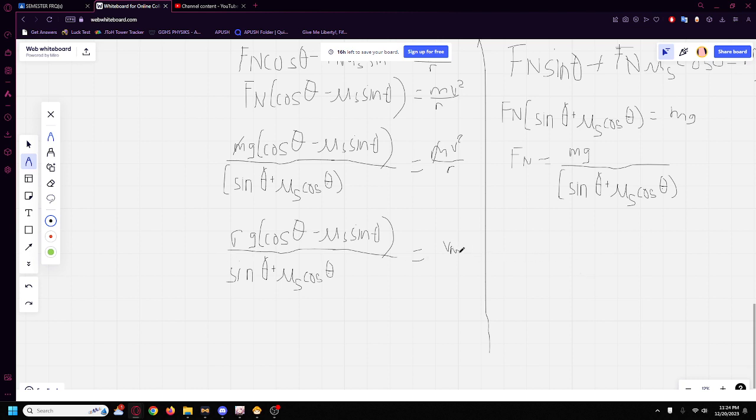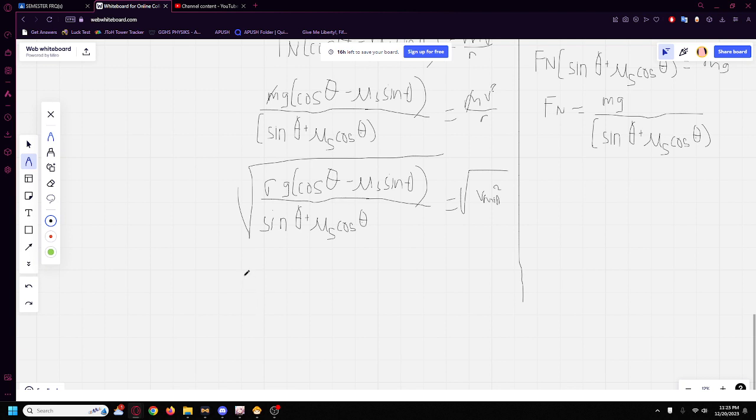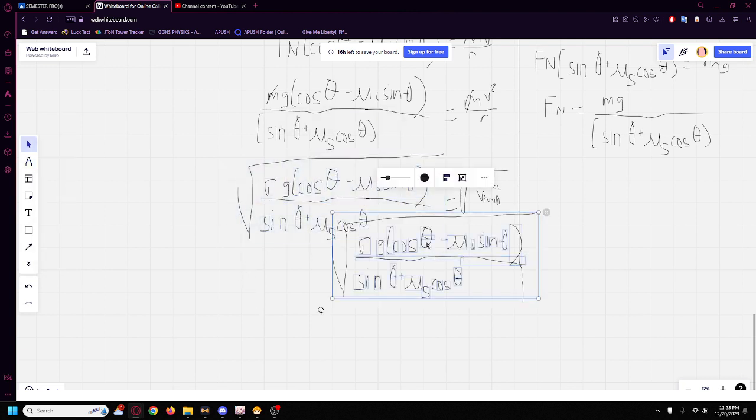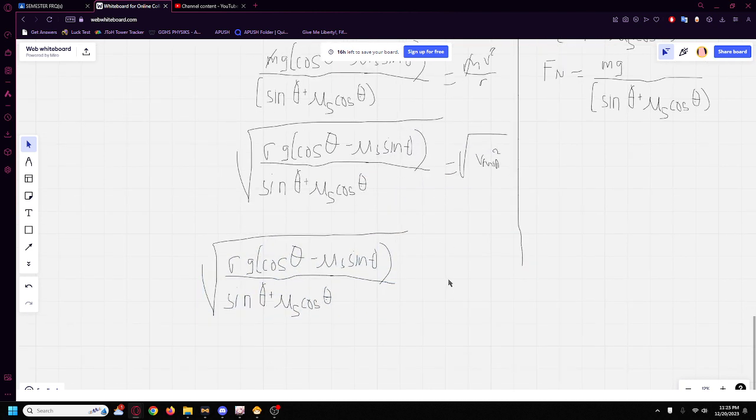This is v min squared actually. You square root it. So this is equal to v min.